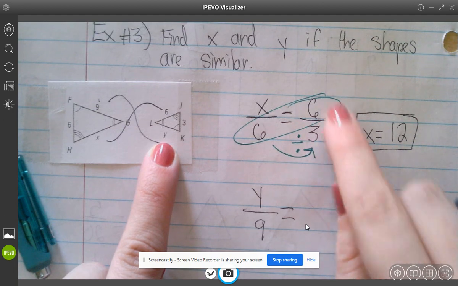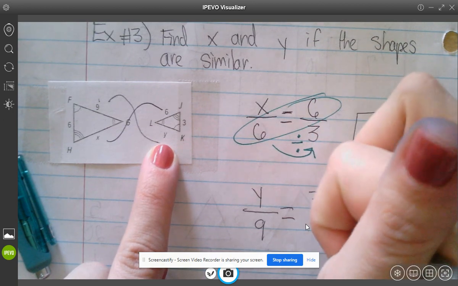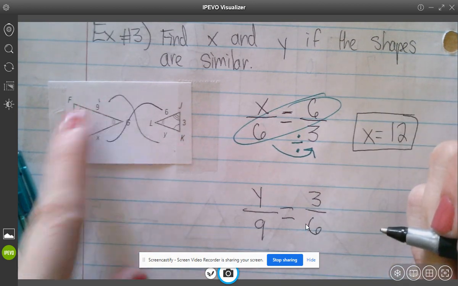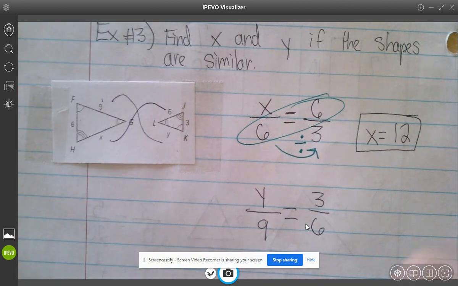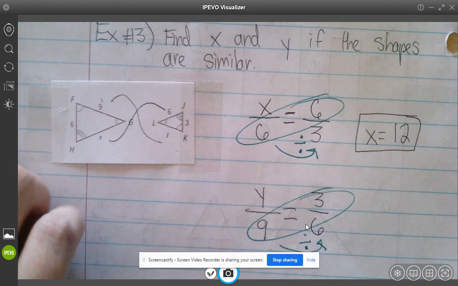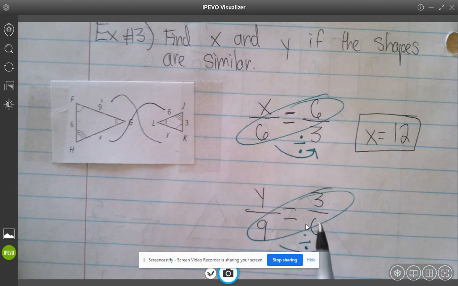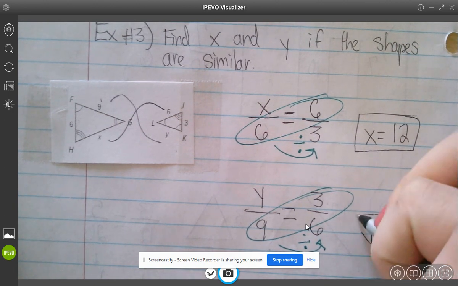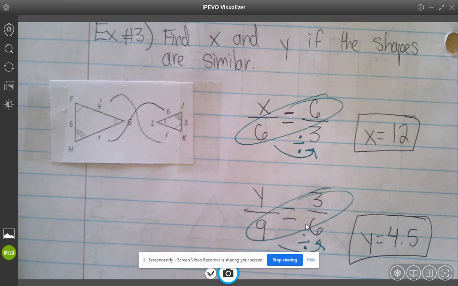And so I need to flip-flop. I need to put my 3 on top this time because 3 is from the smaller shape. And 6 and 9 are from the same shape. So same thing here, cross multiply, divide. 27 divided by 6, you would get 4.5. All right, that is it.